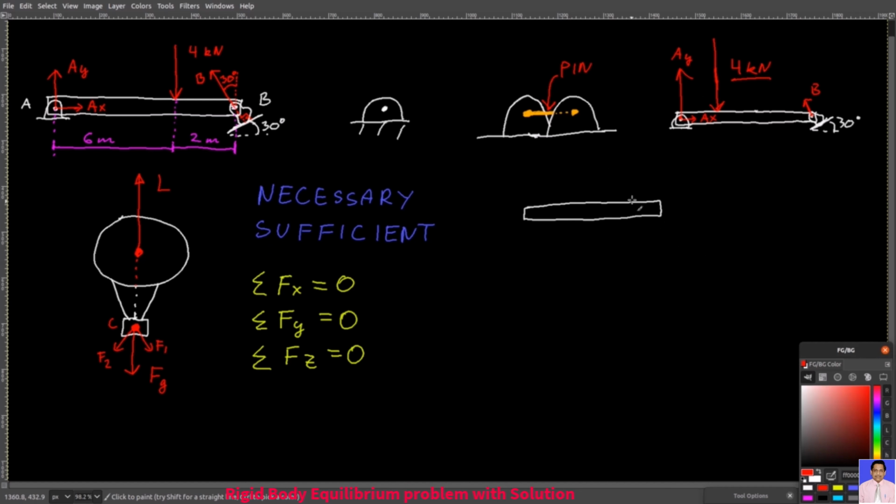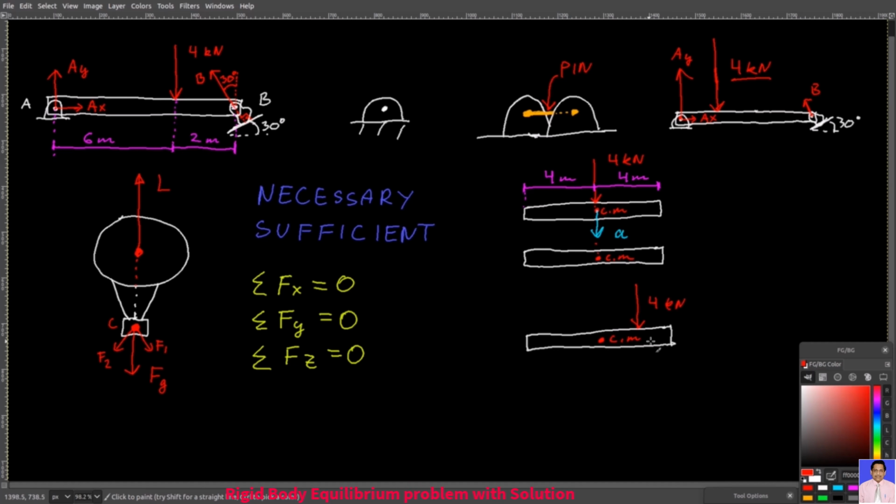If this is my beam, and I forget about the reactions, then if I apply 4 kilonewtons to the center of mass, the beam will only accelerate in the direction of the force. But if I apply the same force to another location, let's say d meters from the center of mass to the right, then the center of mass will still accelerate in the direction of the force.